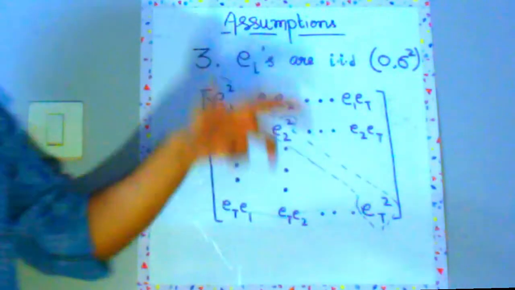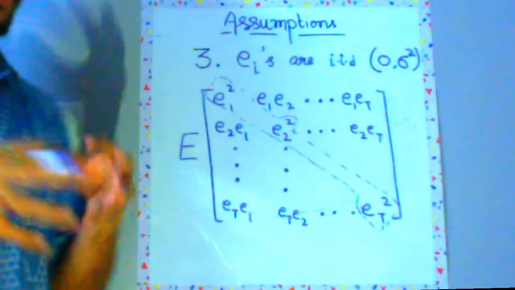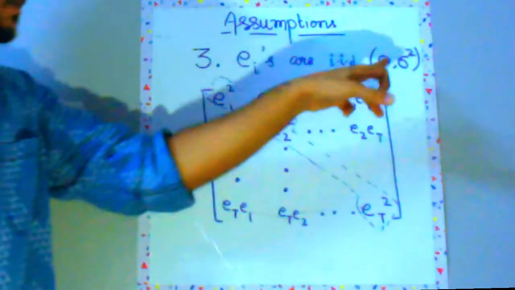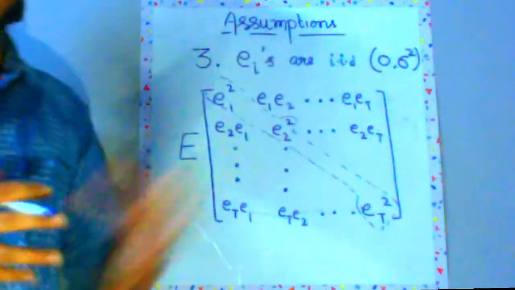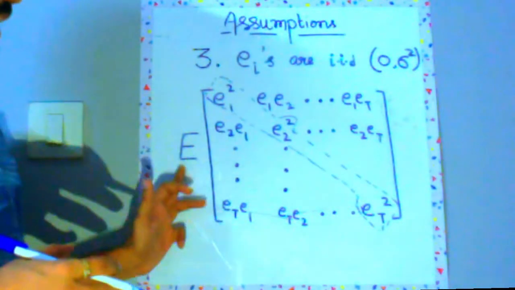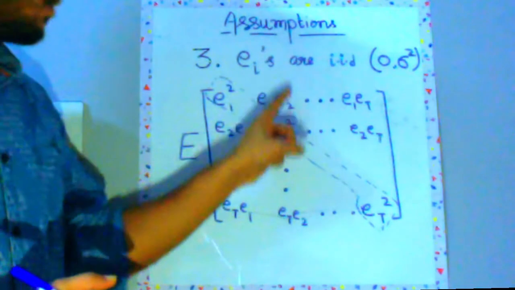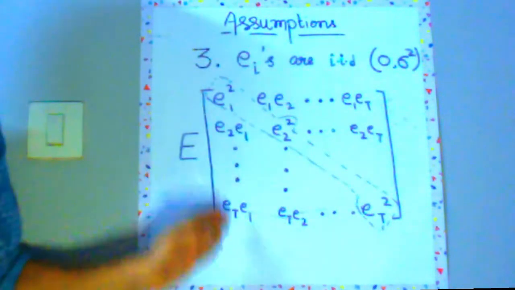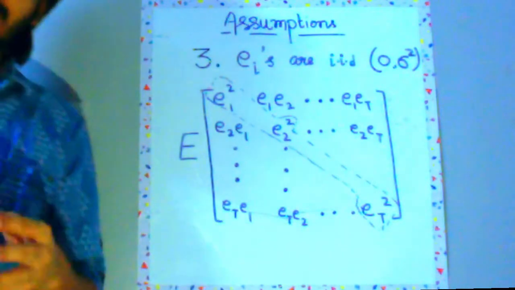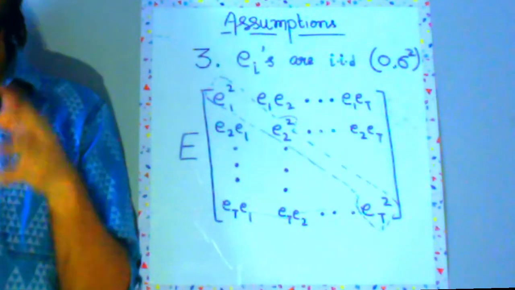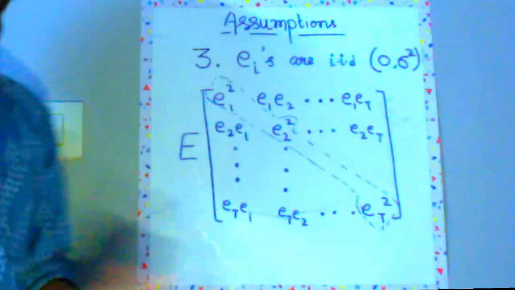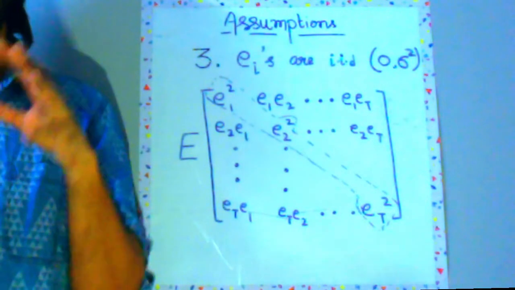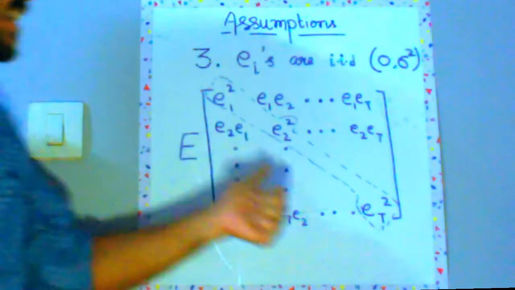And as we have mentioned, all the errors are independent and identically distributed with zero mean and sigma square variance. It means that if we take the expectation inside these quantities, the off diagonal elements E1 E2, E2 E1, ET E1, E1 E2, these values essentially are trying to find the covariance between these two error terms, and as they are independently distributed, they will go to zero if you take the expectation inside.